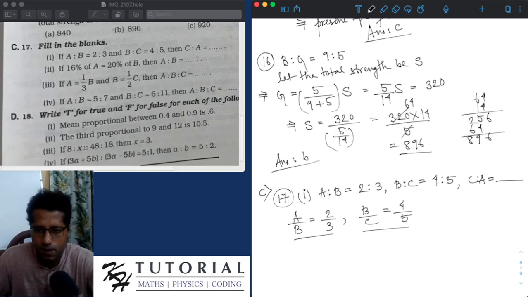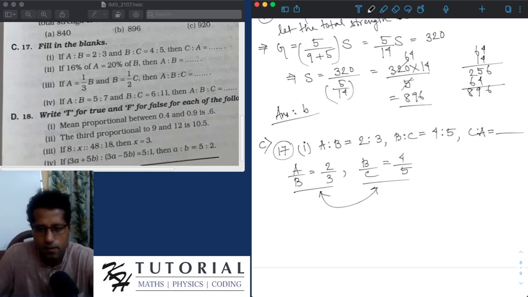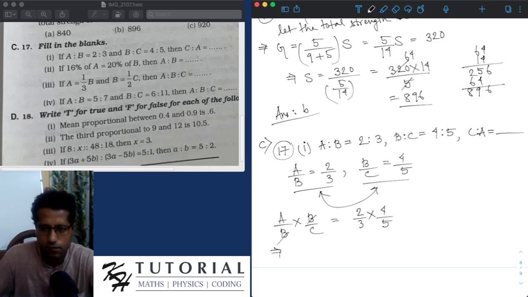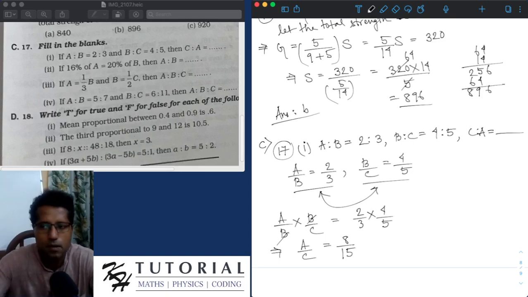Now if we multiply these two, we get A by B multiplied by B by C equals 2 by 3 multiplied by 4 by 5. On the left hand side B cancels out, and we get A by C equals 8 by 15.